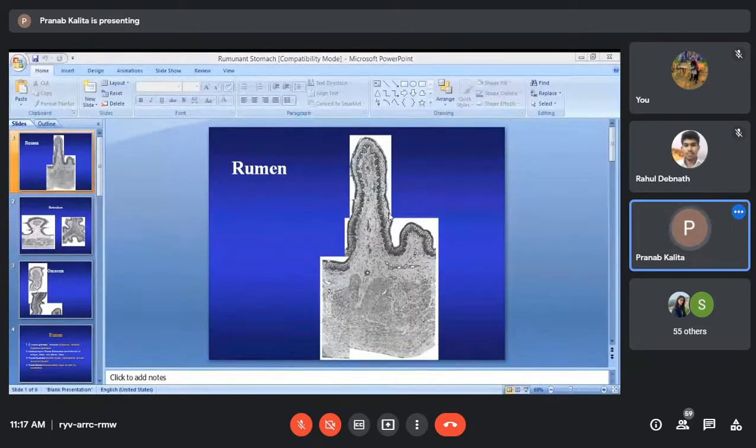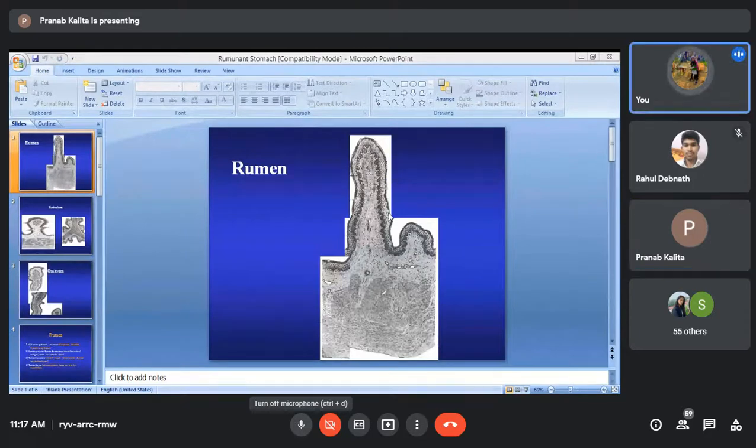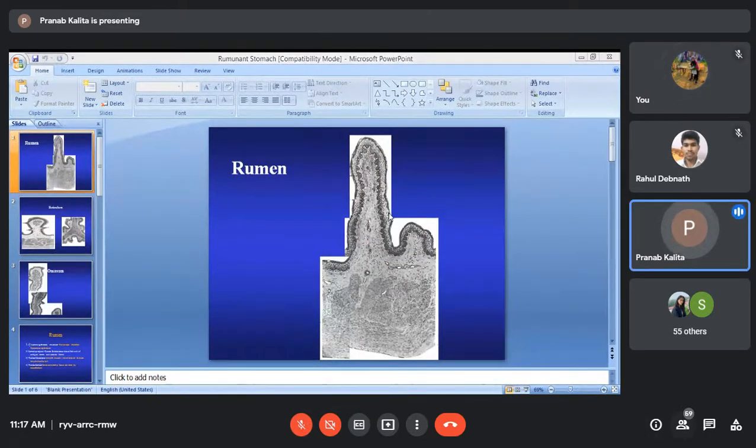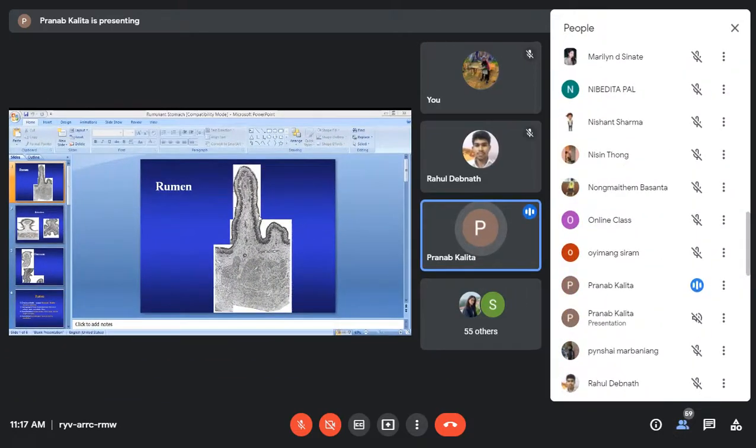As you know, in the ruminants there are four compartments, that is rumen, reticulum, omasum. By this time have you already studied the gross anatomy of the complex stomach or not? Yeah, but still I gave you ideas in my last class.